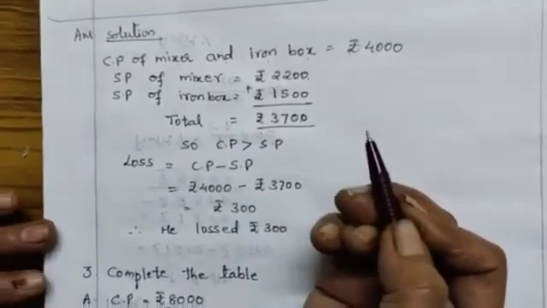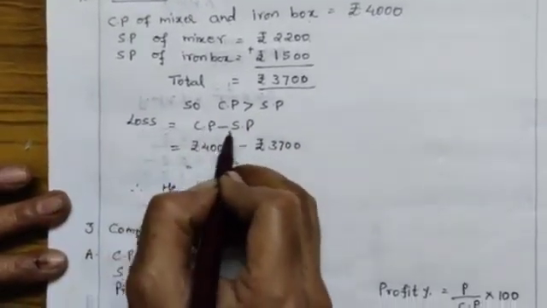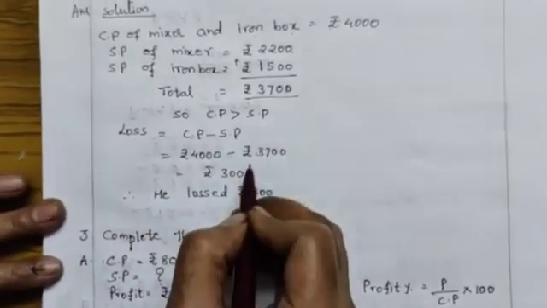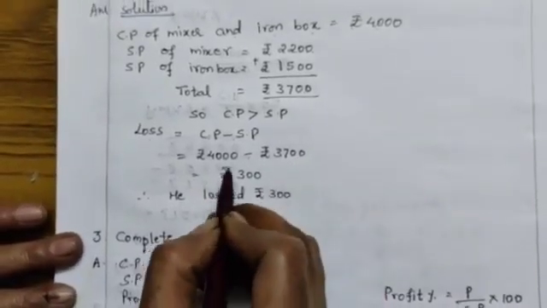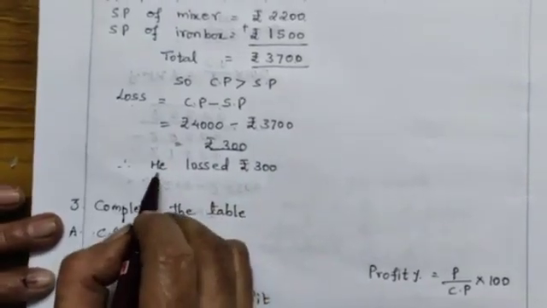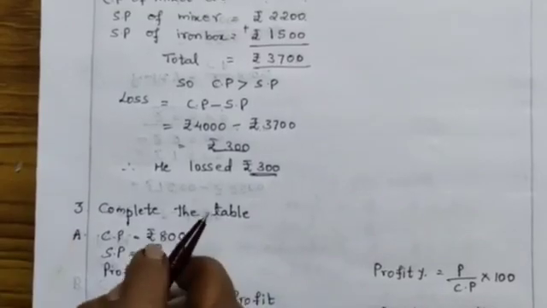So he got a loss. Loss is equal to CP minus SP. So rupees 4000 minus SP, rupees 3700. He lost rupees 300.